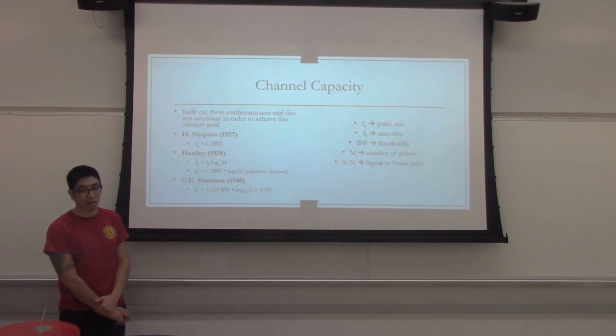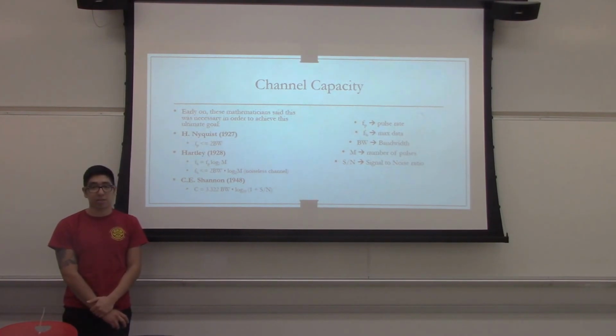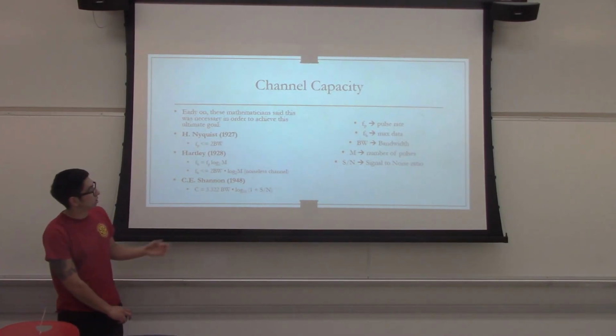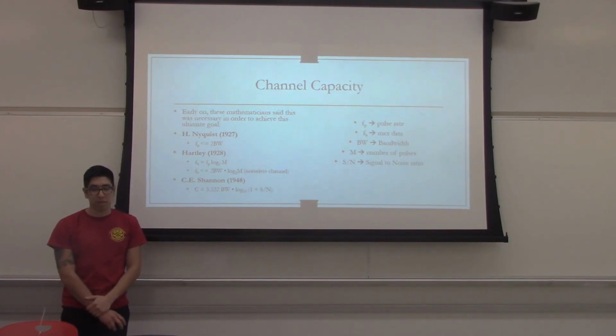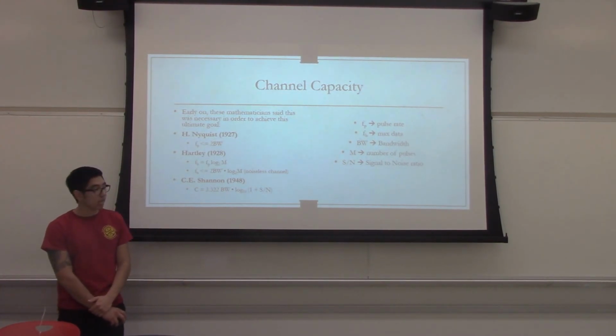But if we wanted to calculate the maximum data rate in a noise-free channel, the equation is altered. FB is less than or equal to 2 times the bandwidth times log base 2 of M, where M is the number of distinct pulses.